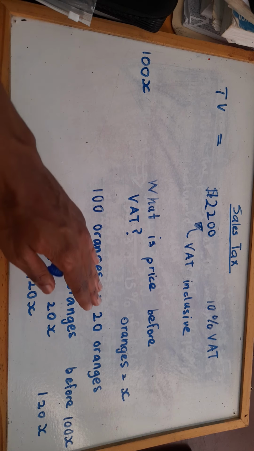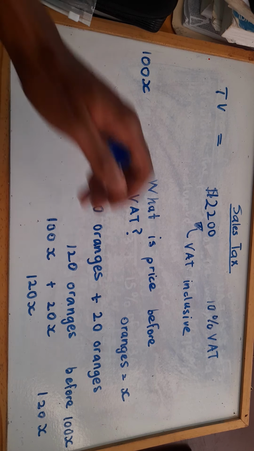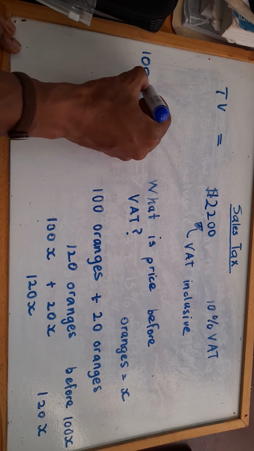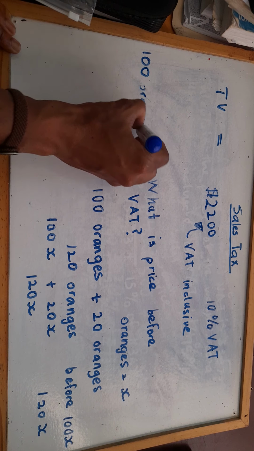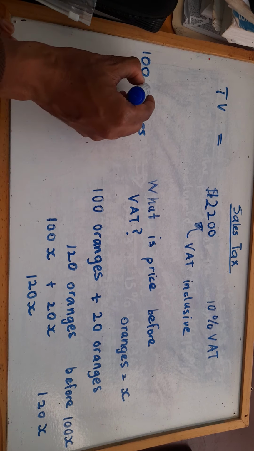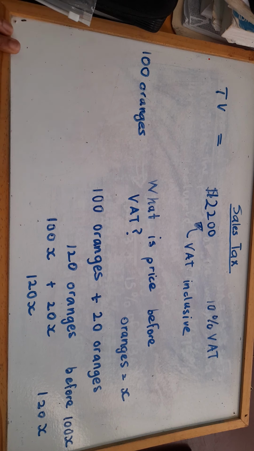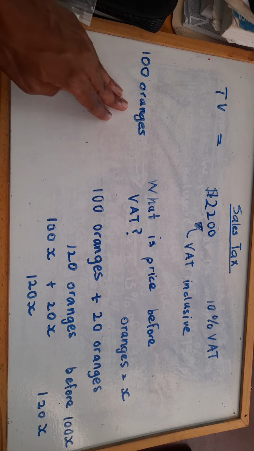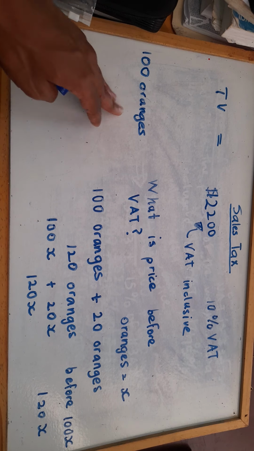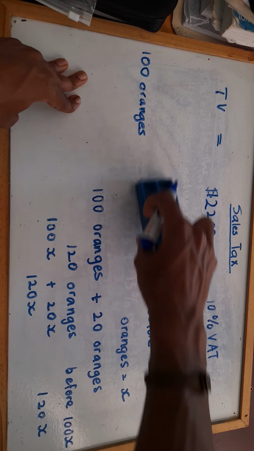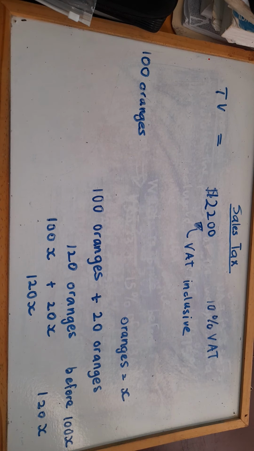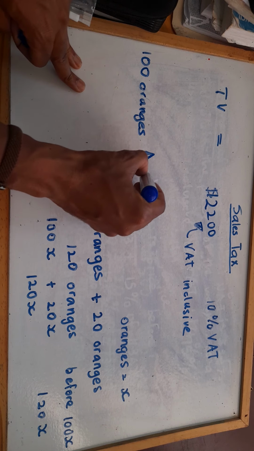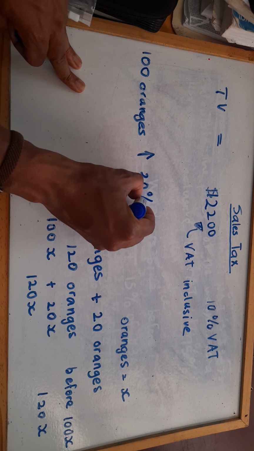Now, instead of saying I want to increase my oranges by 20, there is a more business oriented way of saying it: I want to increase my already 100 oranges by 20%.